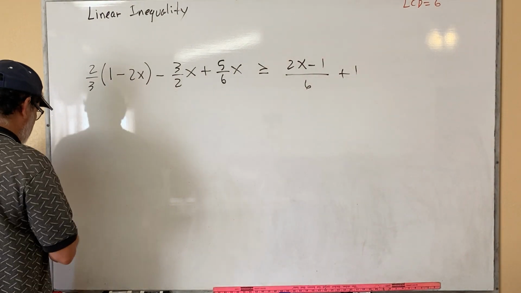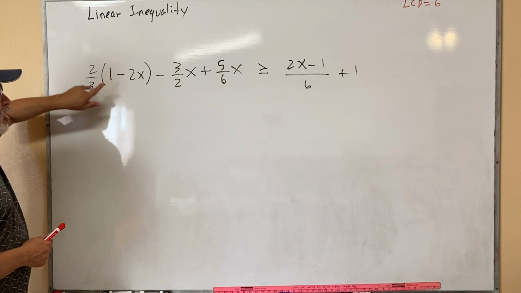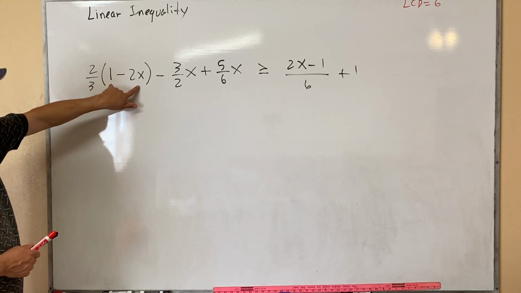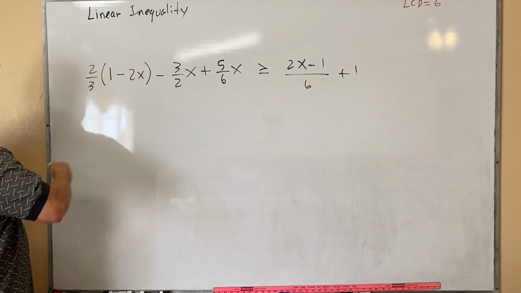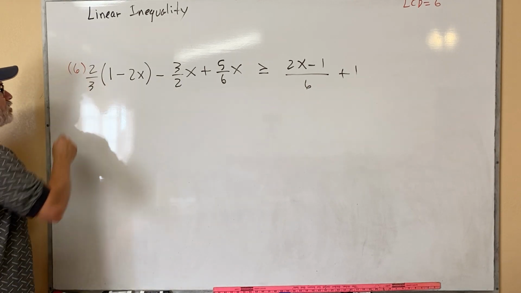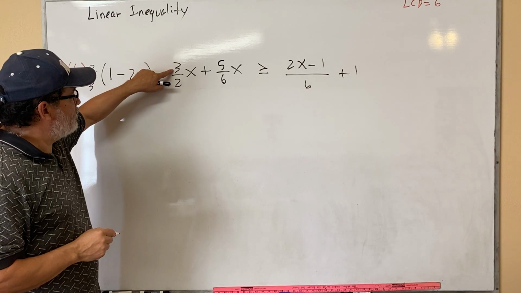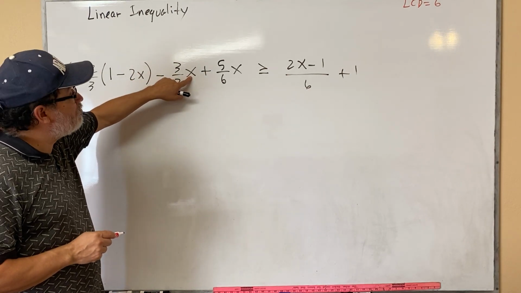I'm going to multiply this numerator. I'm not going to worry about parentheses because I will worry about it later. What's the LCD? 6. That's a numerator, and that's also a numerator. Believe it or not, this is a numerator also.